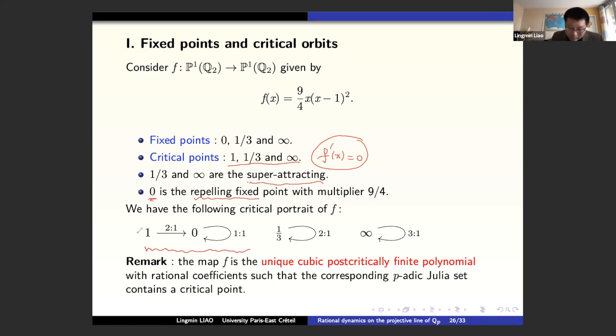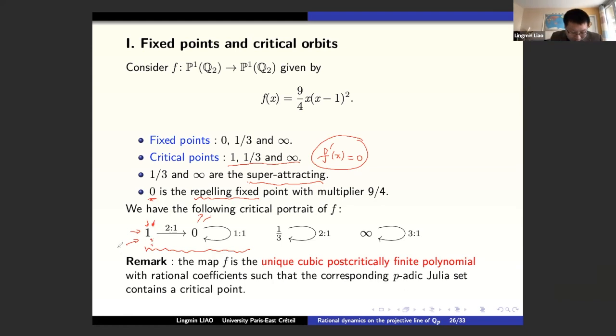So here on 1 you have super attracting property, but this is not a fixed point. But 1 goes to 0, to some repelling fixed point.